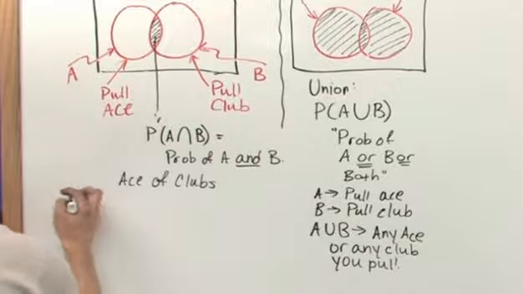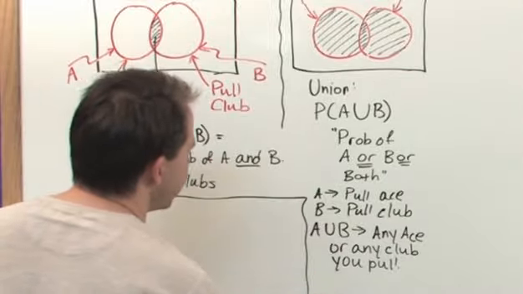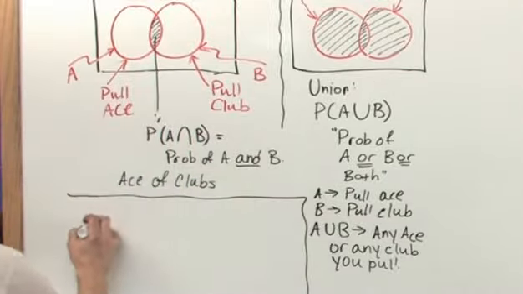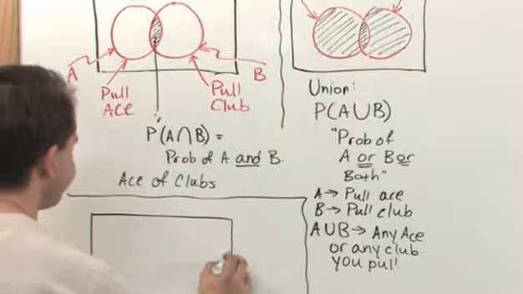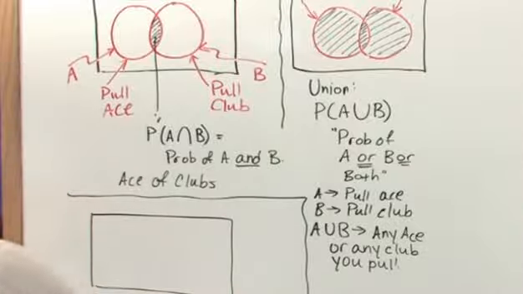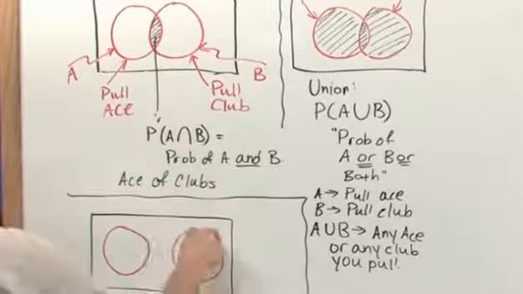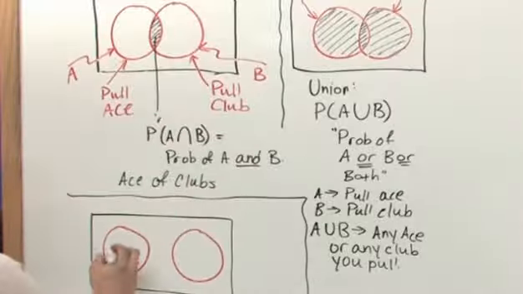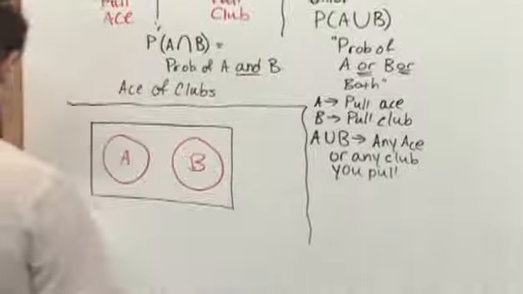There's one more thing I want to talk to you about, and I've hinted about it already, but I'll formally write it down for you. Another Venn diagram. Let's say you have event A and event B. There's no overlap between them. This is event A and this is event B. Okay?